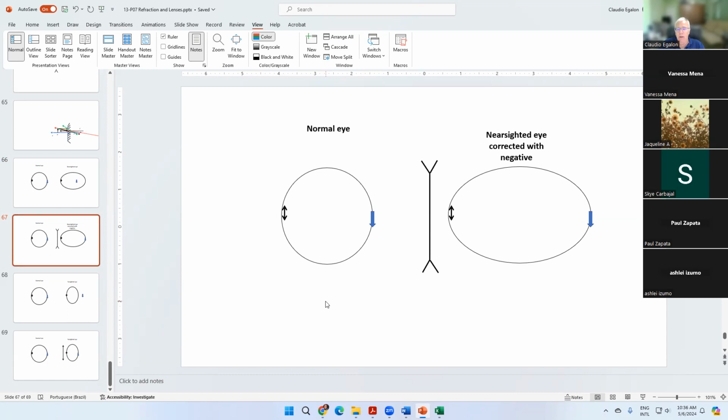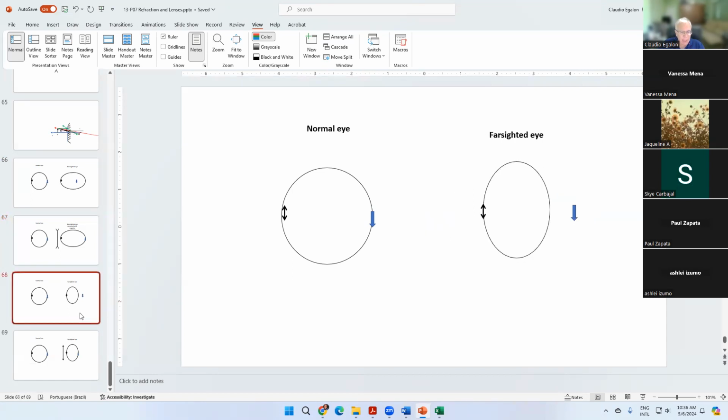Now, the next type of eye, which is a farsighted eye, is an eye that becomes farsighted when you age. As you get older and older, you are going to get a farsighted eye, and you're going to need to use reading glasses. A farsighted eye is exactly the opposite of a nearsighted eye.